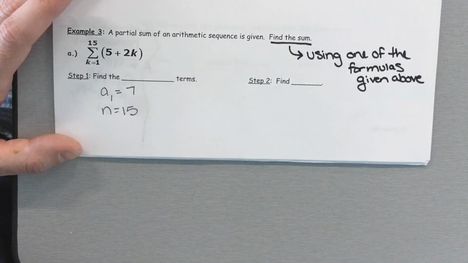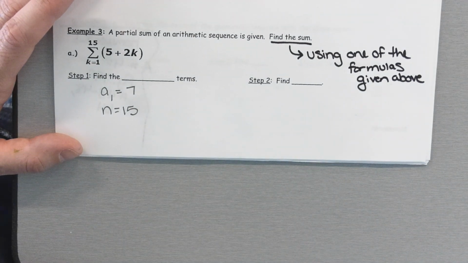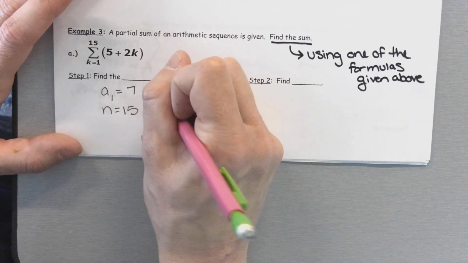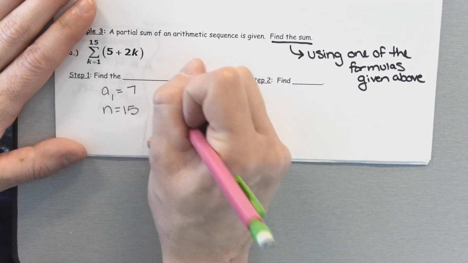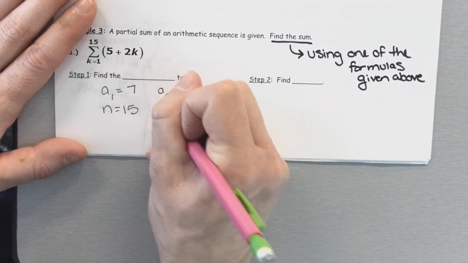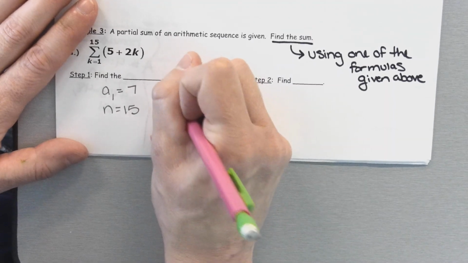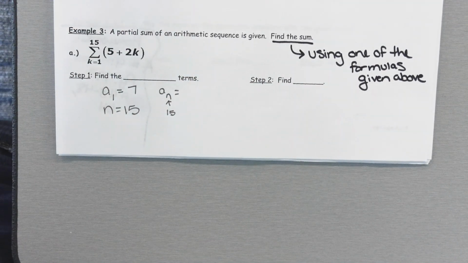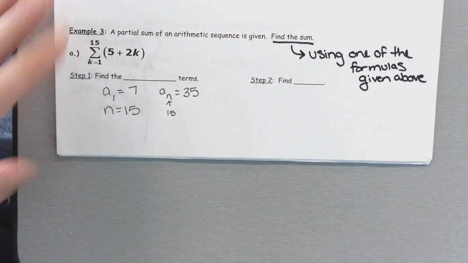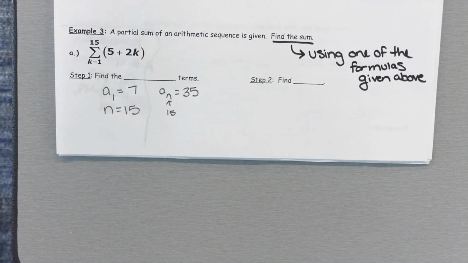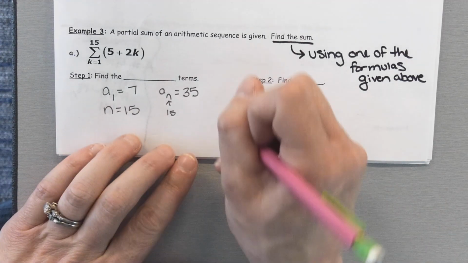Can I find my a sub n pretty easily? Yeah, let's find that. So I think I'm headed toward the first formula, the one on the left. A sub n would be the same as a sub 15, right? If I plug in 15, what do I get for the value of that term? 35. So again, I think I'm going to use my first formula. That one looks better to me than the other.